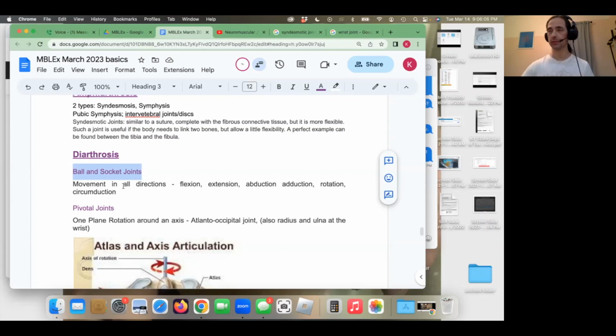That's right. And what's the difference between the ellipsoid type joint and the ball and socket type joint? One looks like an ice cream cone. Well, they both look like ice cream cones. One looks like a smaller scoop, and the other one's a bigger scoop.